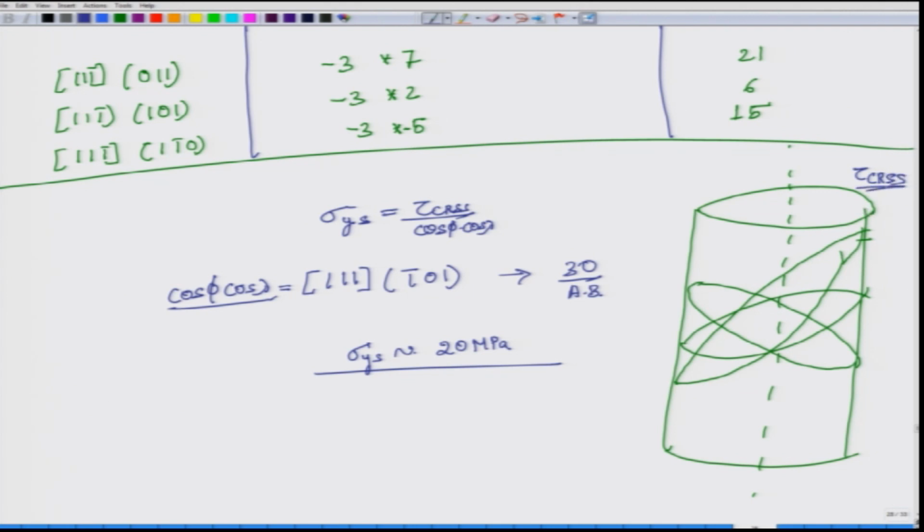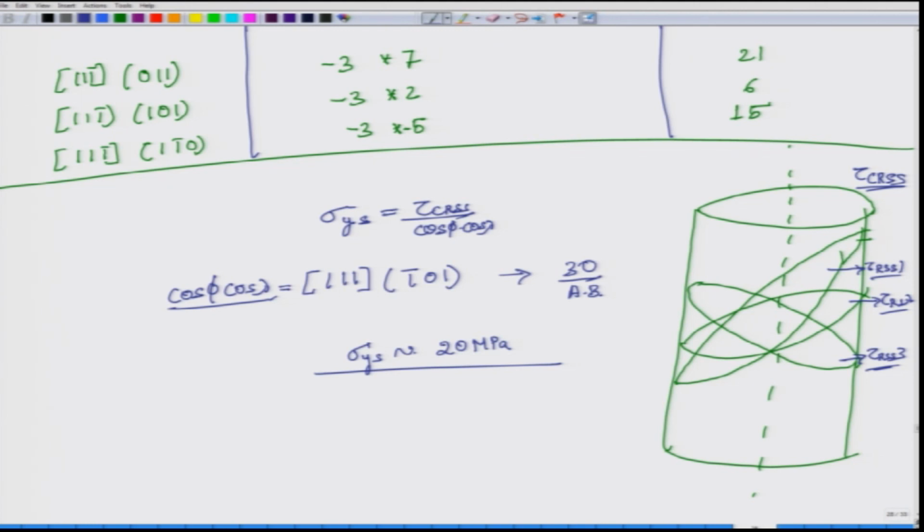Tau CRSS is same for all of these, but tau RSS one for this, tau RSS 2 for this, tau RSS 3. So, all of them will have different resolved shear stress, and the one which is the largest will reach the tau CRSS first, because we keep increasing the stress value.